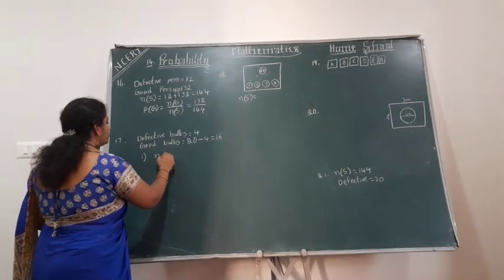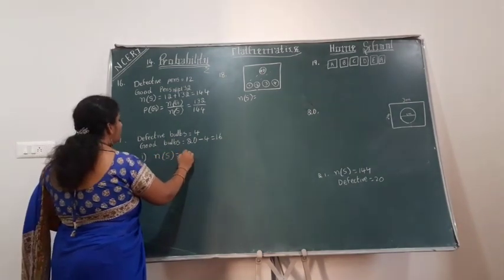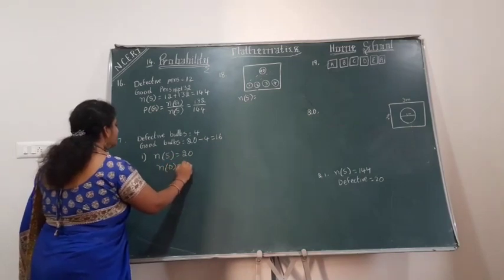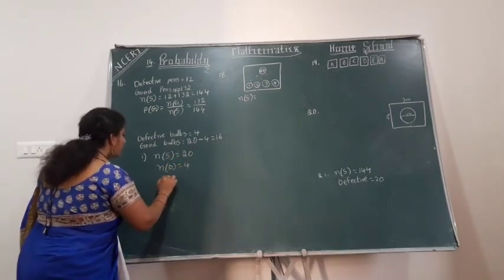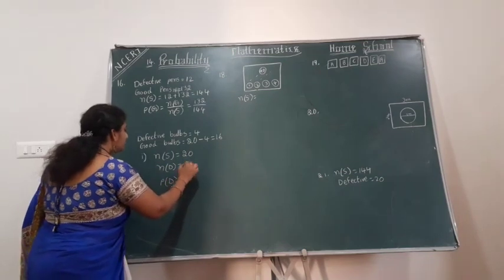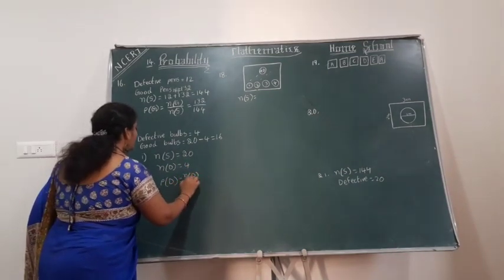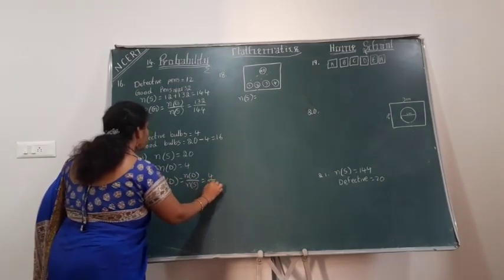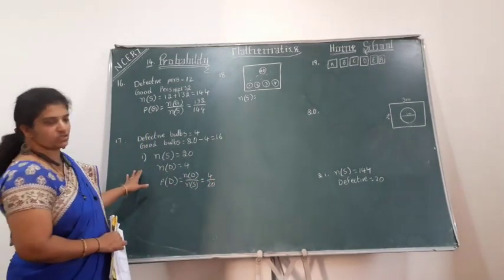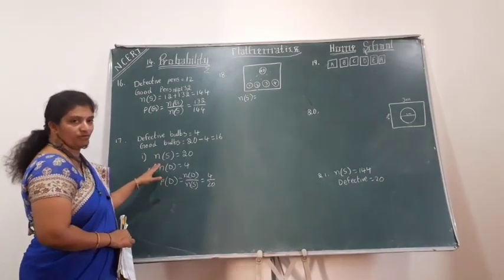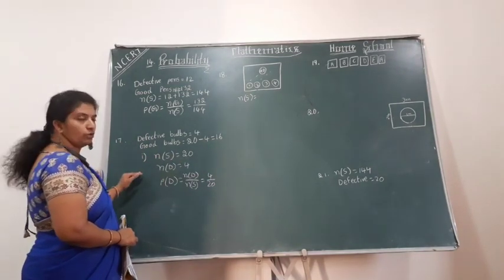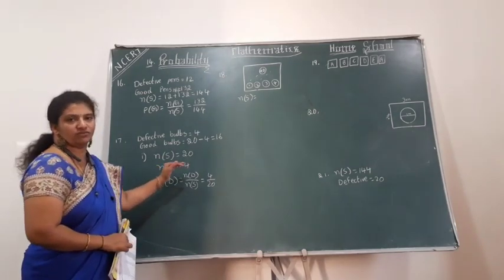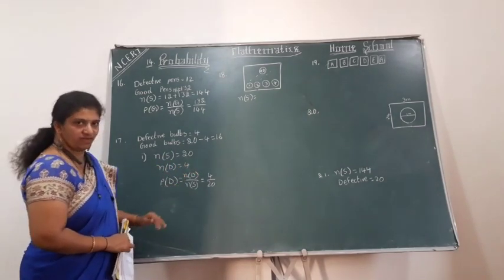First we are going to write n of S is equal to 20 bulbs, and defective bulbs n of D is equal to 4, and probability of getting a defective bulb is equal to n of D by n of S. In your notes, you can write sentence-wise: total number of sample spaces, total number of defective bulbs can be written as n of D is equal to 4. In this way we can do.